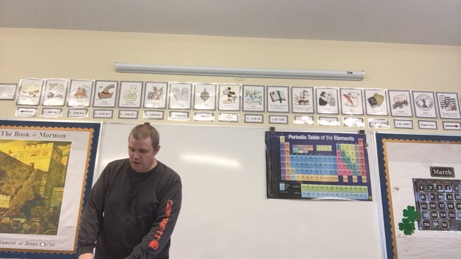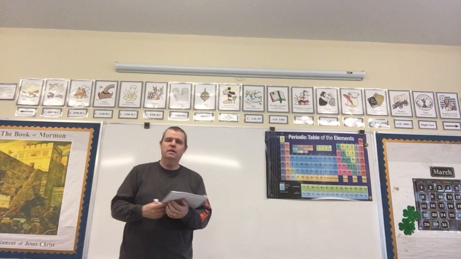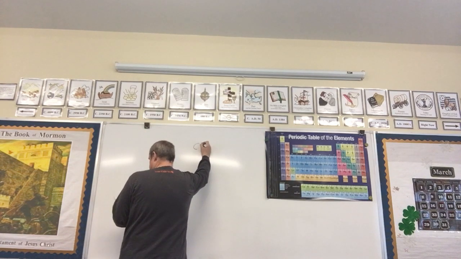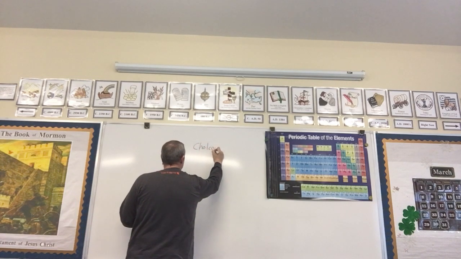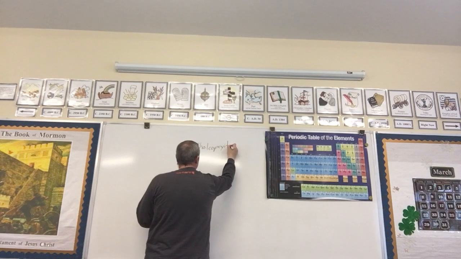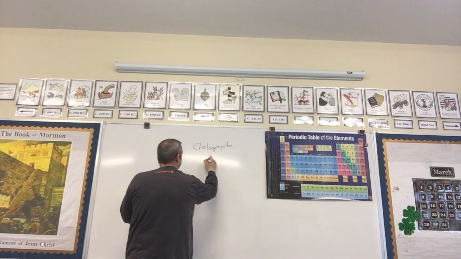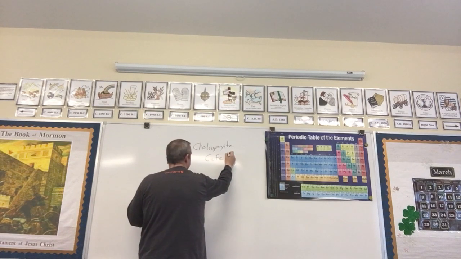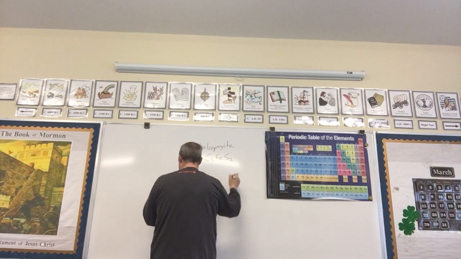The first one is called chalcopyrite, and it's made up of copper, iron, and sulfur.